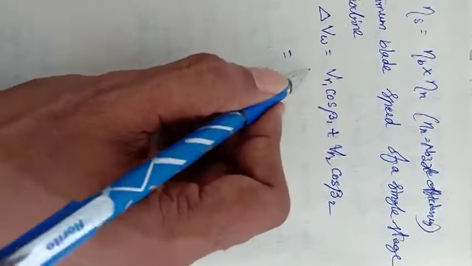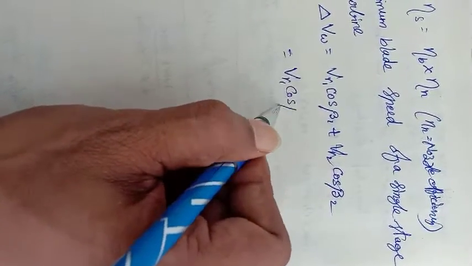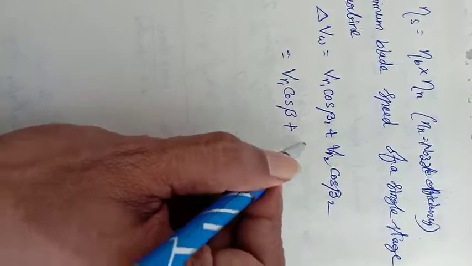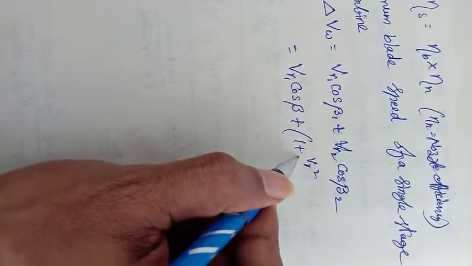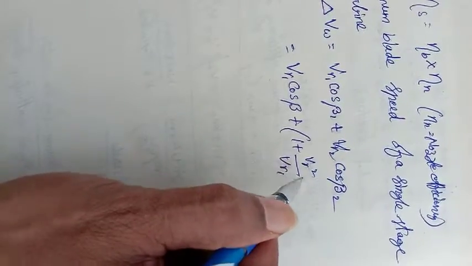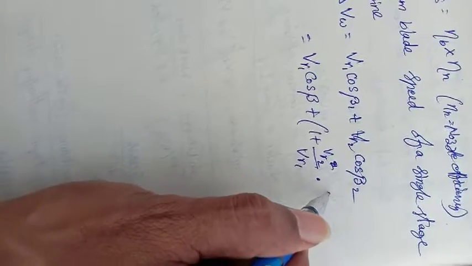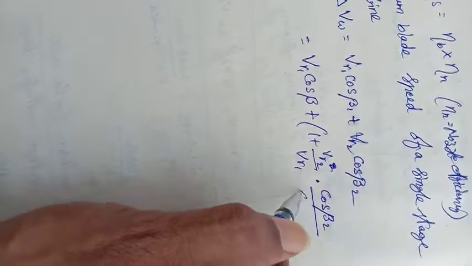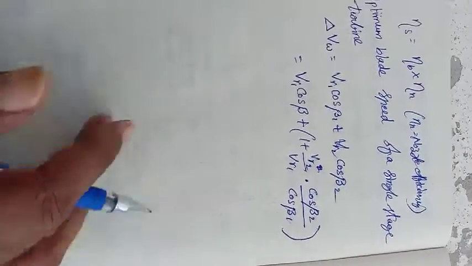Then I can write this equation: Vr1 cos beta 1 into 1 plus Vr2 by Vr1 into cos beta 2 by cos beta 1.